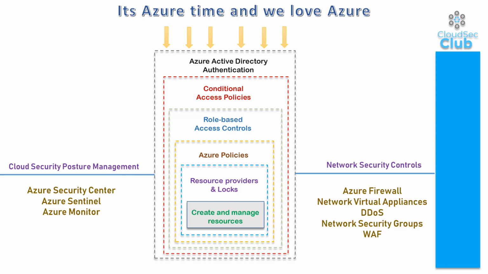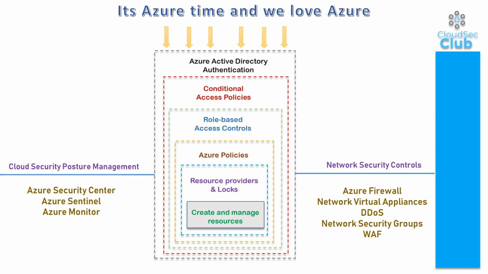The third line of defense is role-based access control, as you can see on the screen. This has been traditionally used in the on-prem environment as well. A role is created and attached to the identity, and whether that identity has a read-only or a contributor role, that is how they can access or manage the resources.